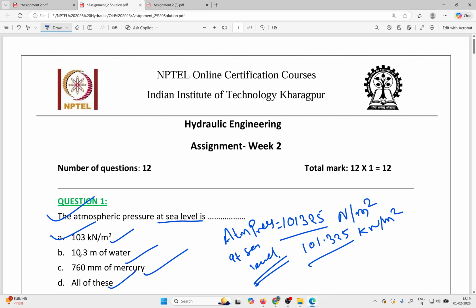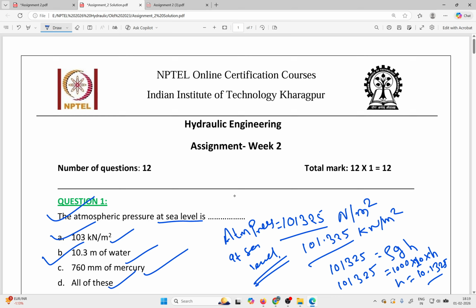Similarly, 10.3 meter of water means 101.325 is equal to rho g h. Water here it is telling, so I'll consider 10 for g. So h is equal to 10.1325. So yes, it is also correct.